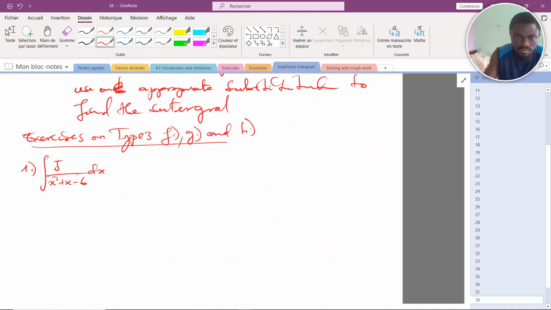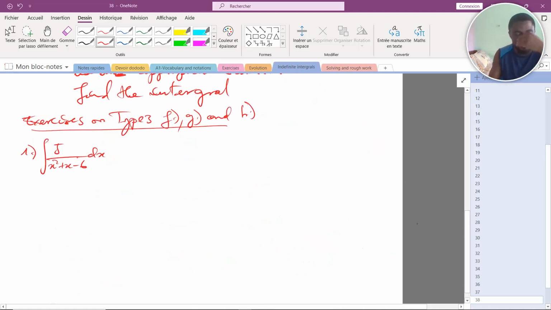Okay, as I said, whenever you are in such an integral that is something like this, you have to integrate. First of all, we notice that this is of the form a on ax squared plus bx plus c, where a belongs to R star.